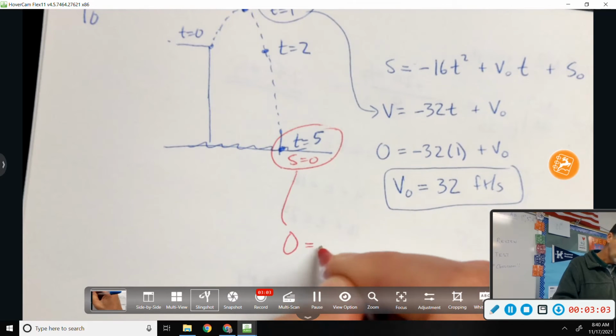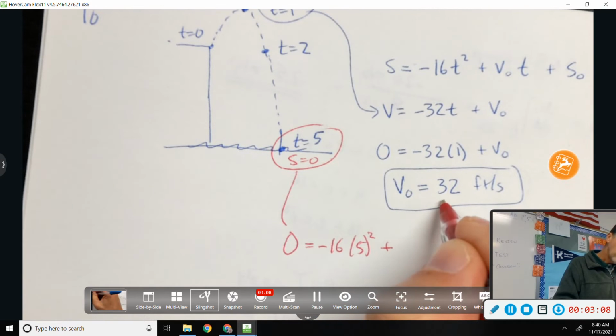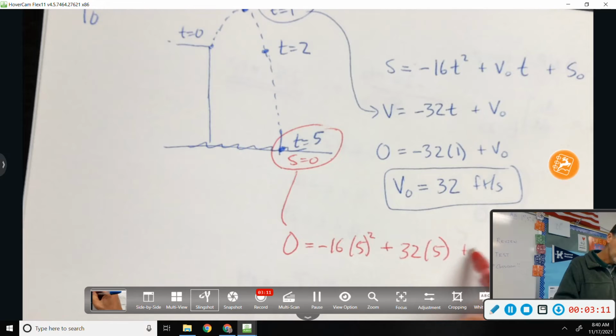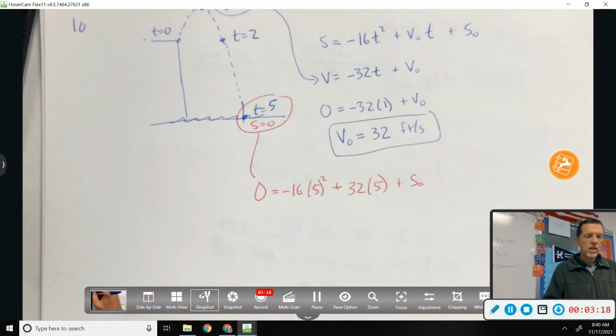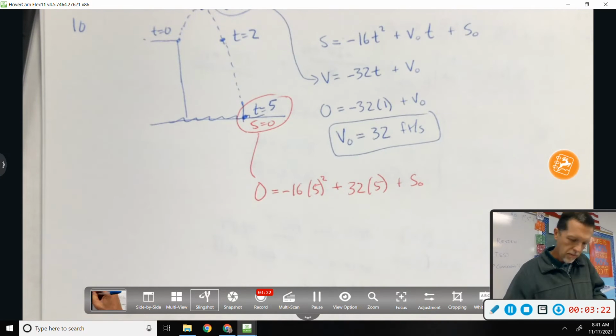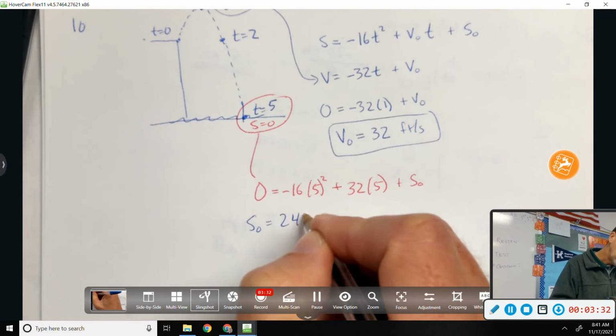So 0 equals negative 16, 5 squared, plus v0, which we now know, times 5, plus s0. Calculator problem. So S0 equals 240 feet.